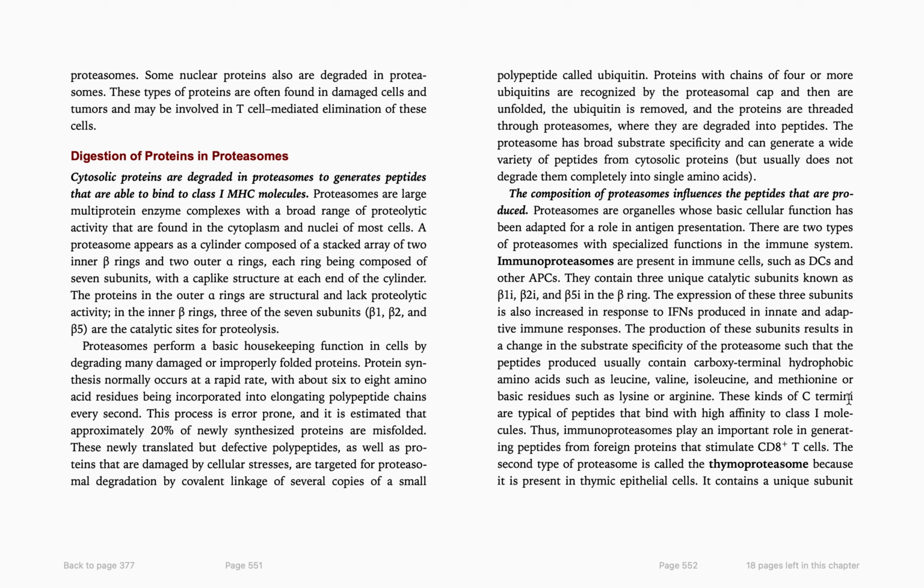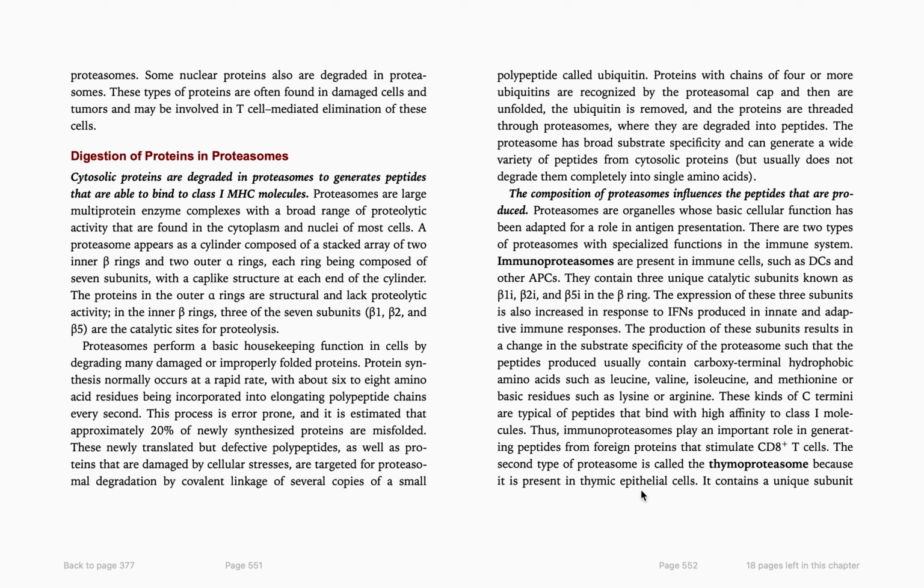This kind of C-terminus is typical of peptides that bind with high affinity to class 1 molecules. Thus, immunoproteasomes play an important role in generating peptides from foreign proteins that stimulate the CD8 T cells.